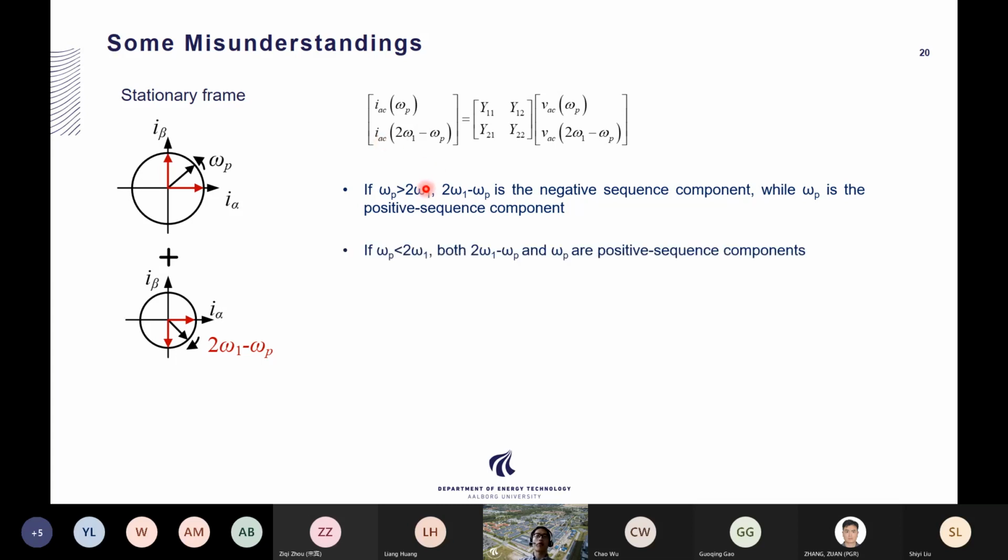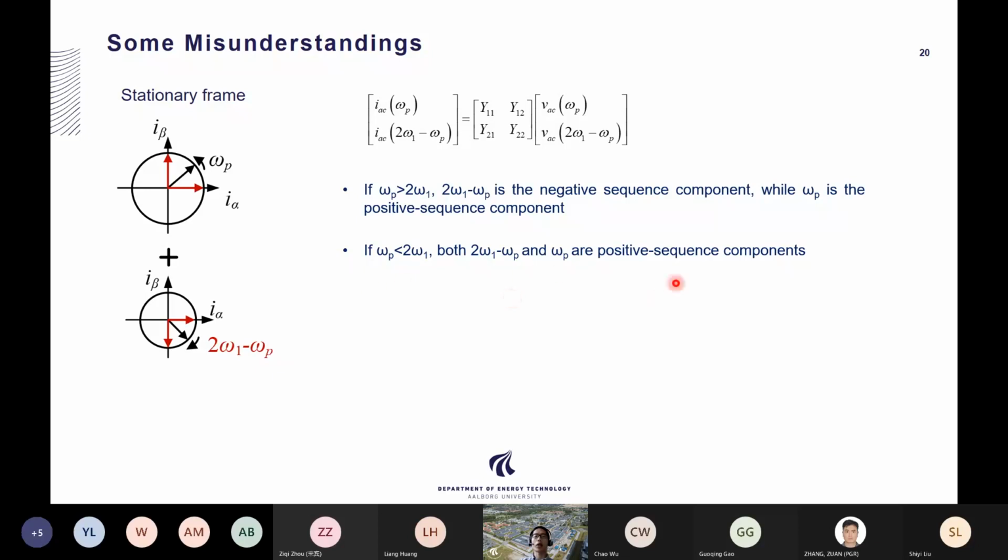But it is also fully possible that the perturbation frequency is smaller than two times the fundamental frequency. For example, when we are doing subsynchronous analysis, the frequency range of interest is quite low, so this condition we could meet. But in that case, you can see both 2 omega 1 minus omega p as well as omega p are positive sequence components.